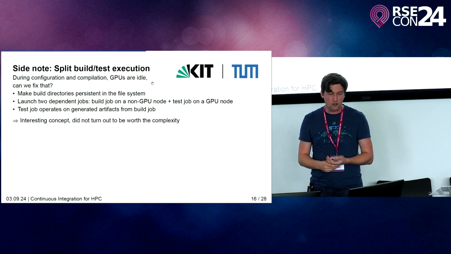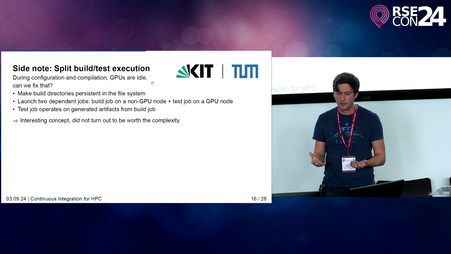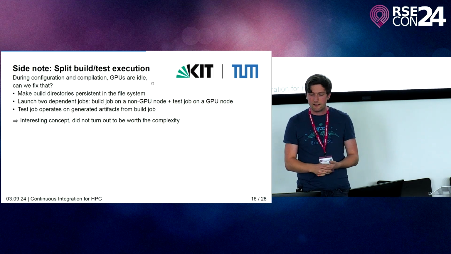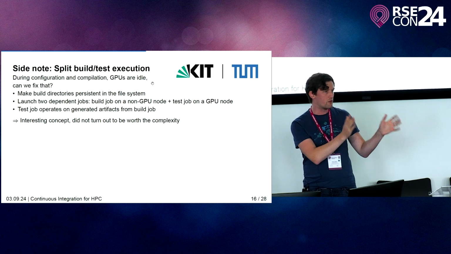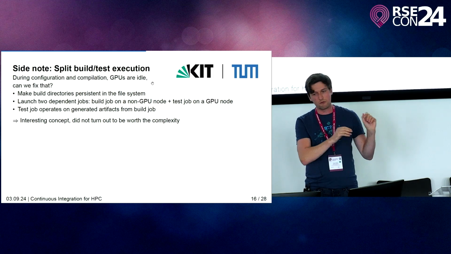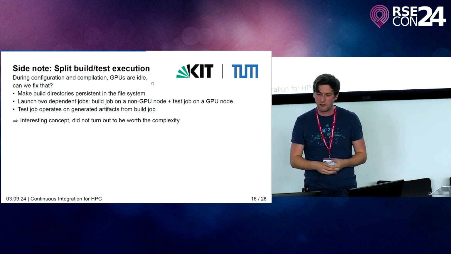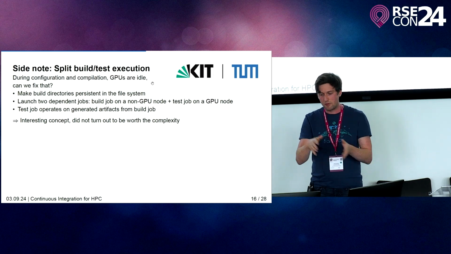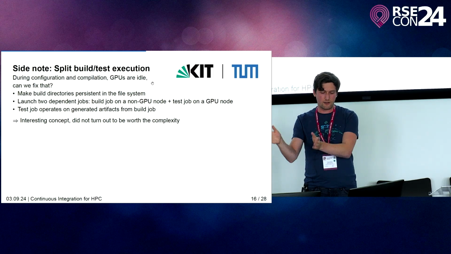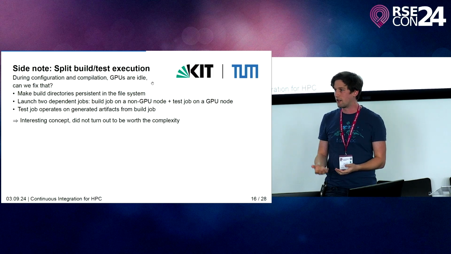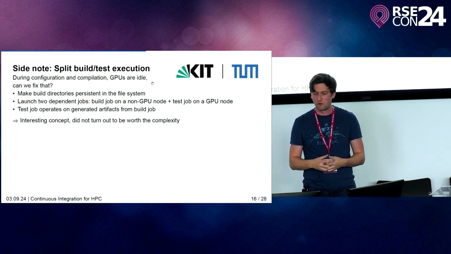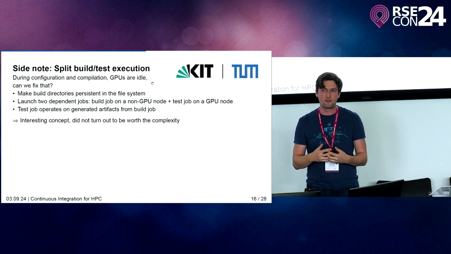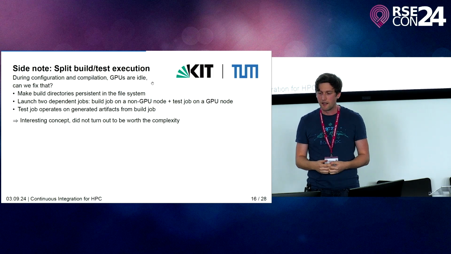So to save on our budget, because we were using a normal HPC project for that, we split the execution between compilation on a CPU-only node and test execution on a GPU node. But that meant that we needed to persist data between the compilation and the execution, and that turned out to be somewhat of a problem because we often had to deal with file system issues and related things that we were trying to get away from.